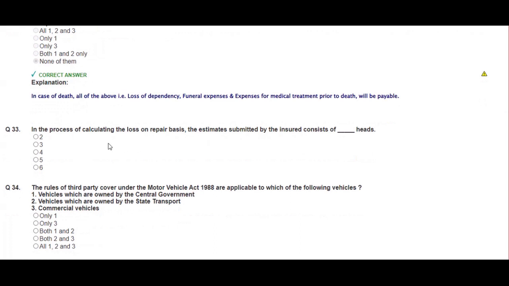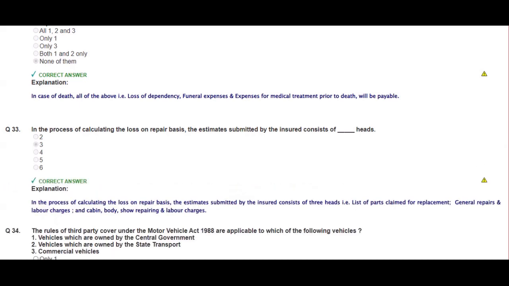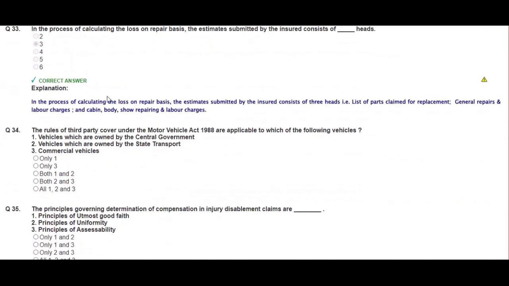In the process of calculating the loss on repair basis, the estimates submitted by the insured consist of how many heads? You can directly choose option 3, because parts will be submitted, the repair bill will also be submitted, and the denting bill will be submitted separately.